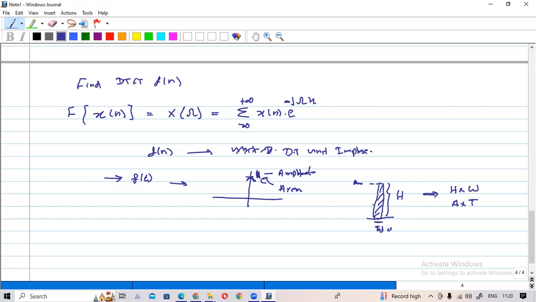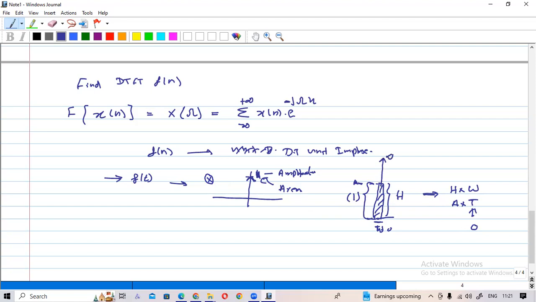I told you that this is not practically generated because we can't generate a pulse with zero width. So this is not a practical signal. The time duration will be zero. In order to have the area one, the height should be infinite.